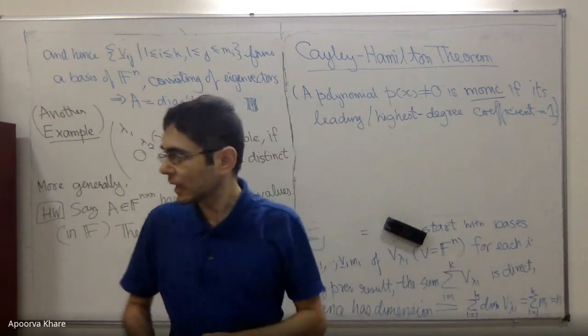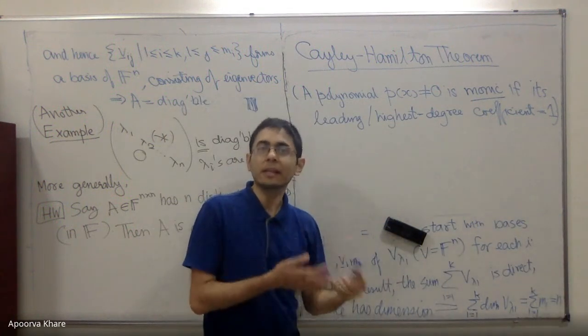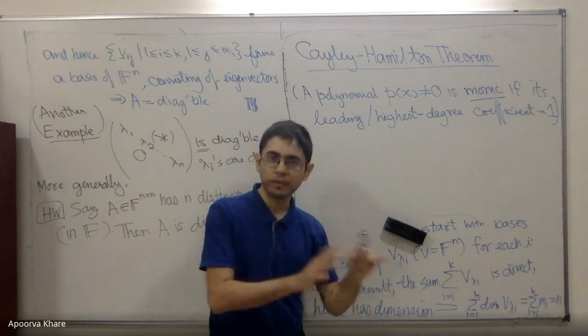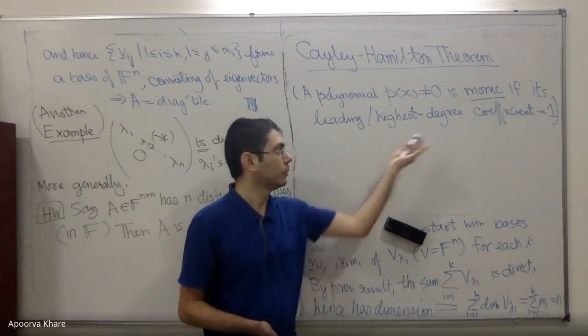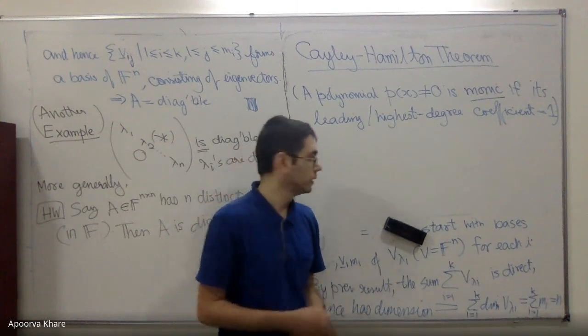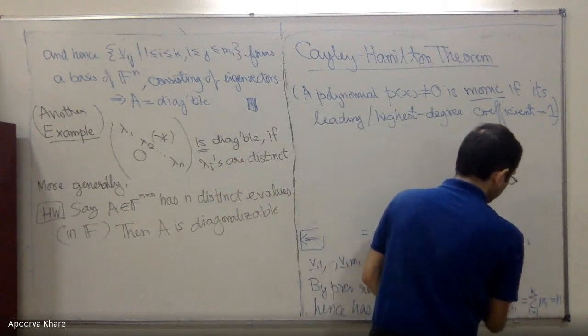So basically, as long as there is a non-zero polynomial that kills the matrix A, a square matrix over a field, you can divide by the top degree term and get a monic polynomial.